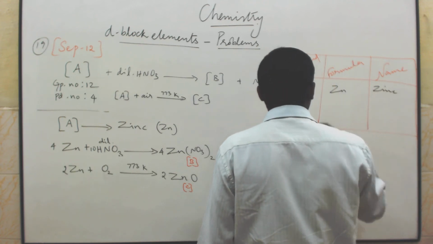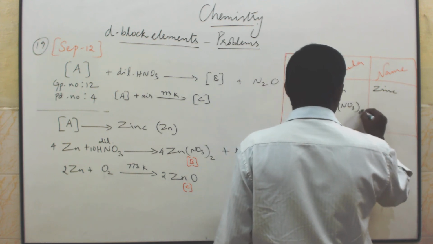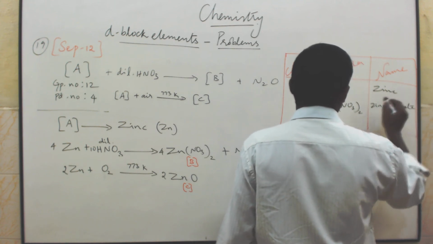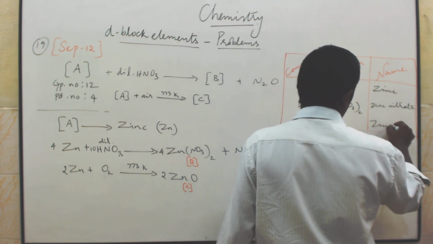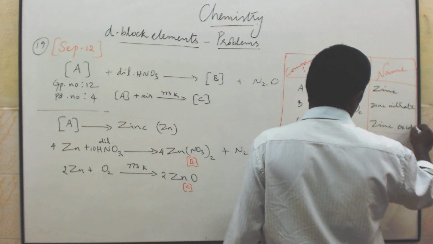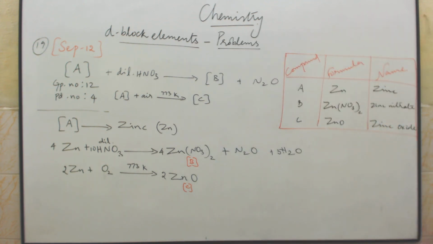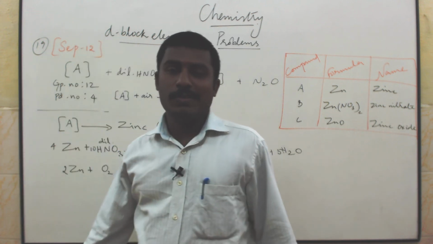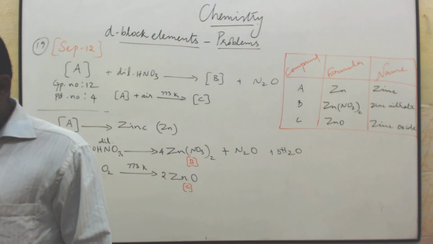B is zinc nitrate. C is zinc oxide. Okay. Very easy problem. This problem was asked in September 2012. The next problem.